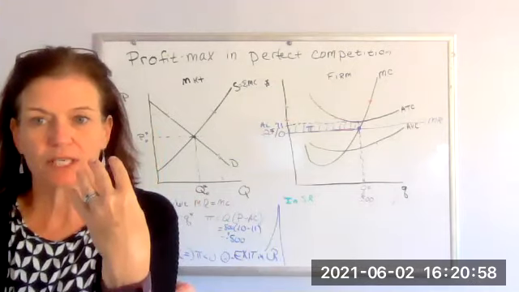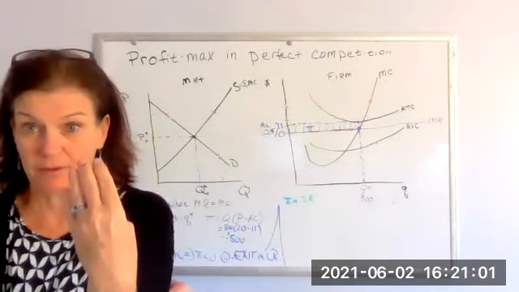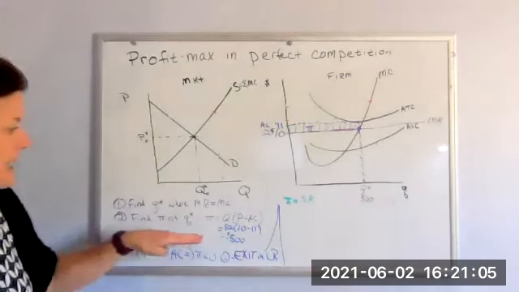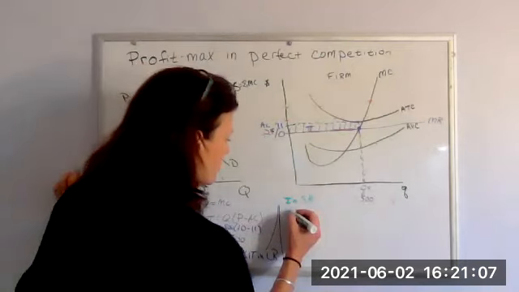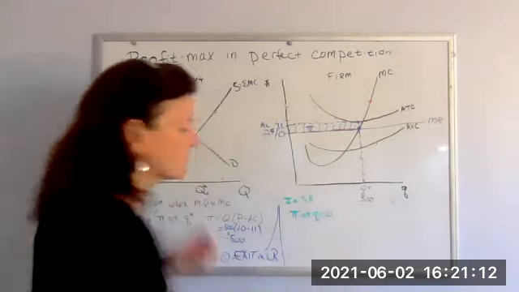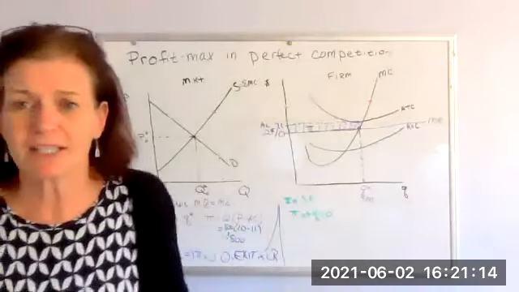Because if I just stop producing, I get no revenue and I still have to pay my fixed costs. So I can compare my profit at Q star to my profit at Q equals 0. What would my profit be if I just didn't produce anything?